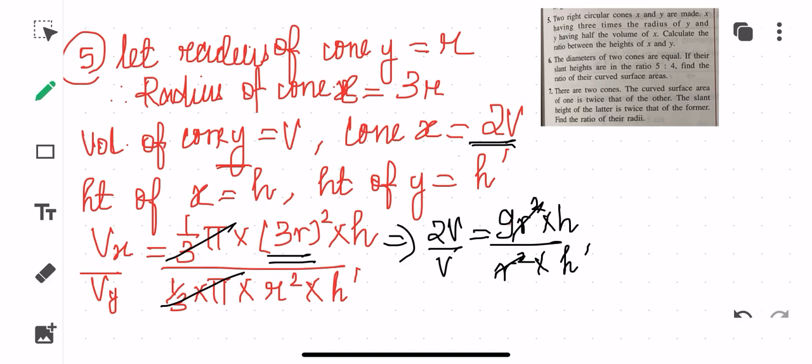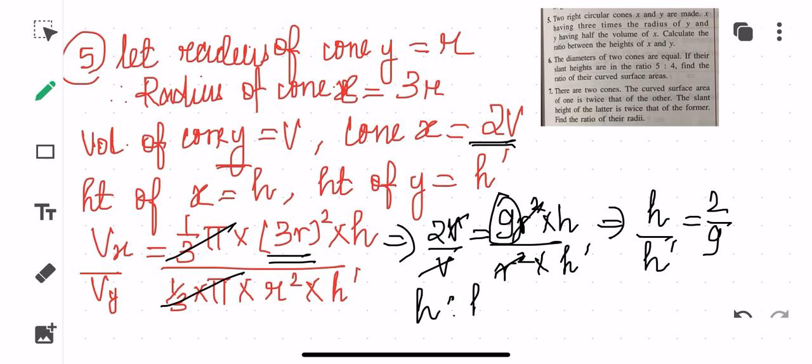So this is getting cut, this is getting cut. What are you getting now? This implies that h upon h dash is equal to, this 9 goes that side, so this becomes 2 upon 9. So the ratio of heights of x and y is equal to h is to h dash, and this is coming out to be equal to 2 is to 9.